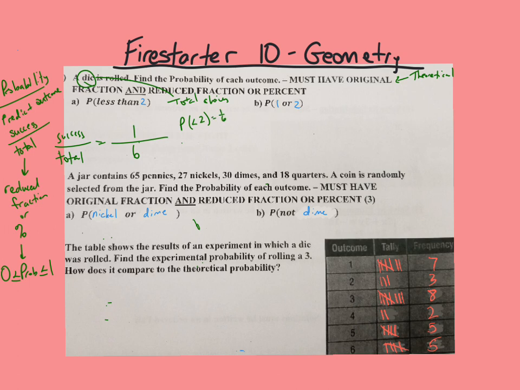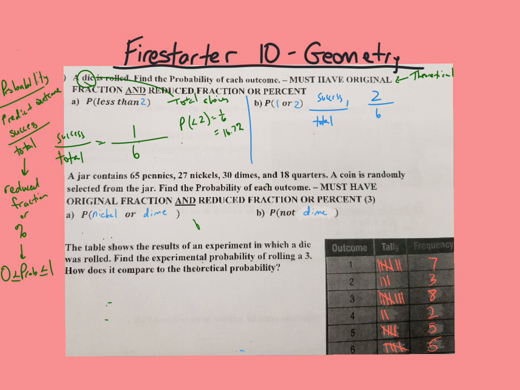Now, a lot of times we don't write it as 1/6. You'll see it as a percentage, which is 16.7%, or 16 2/3%. B, 1 or 2. So my successes are 1 or 2. That's 2 different numbers. So my successes is going to be 2. My total, it's still a die, is going to be 6.